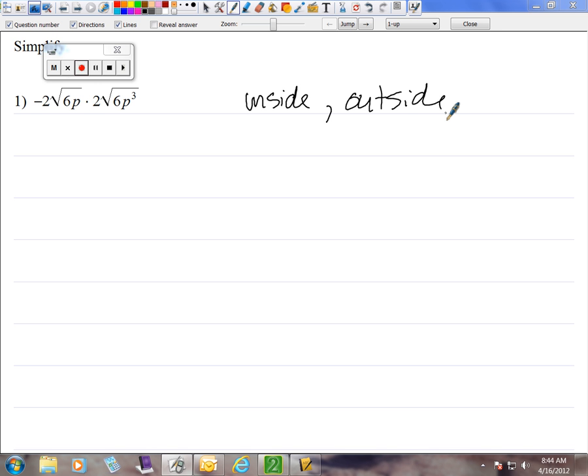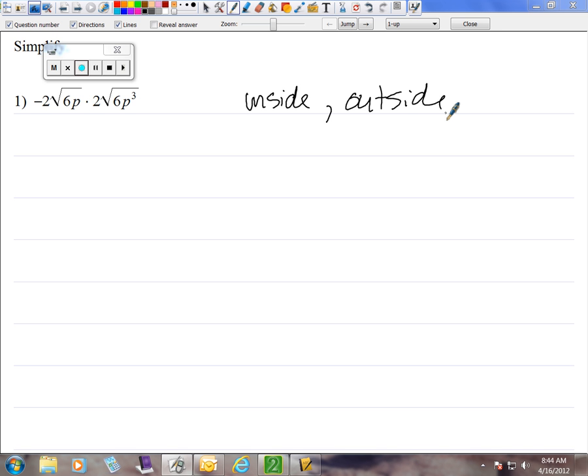That's a good conclusion, even though you don't have to do that. But what am I saying when I say inside, outside? Exactly. You multiply outside together and you multiply inside together. It doesn't matter what order. Are you following me? You can't take something outside of a radical times something inside, and vice versa.